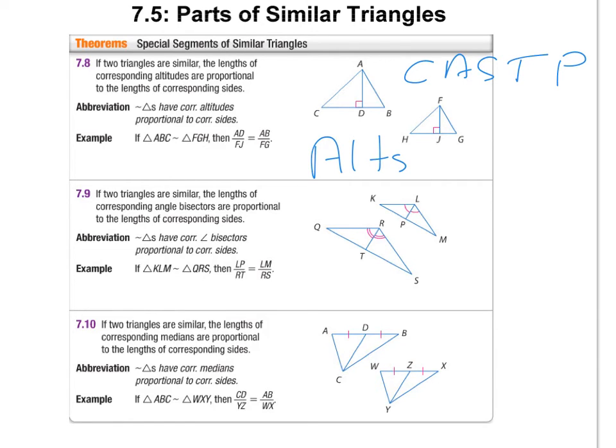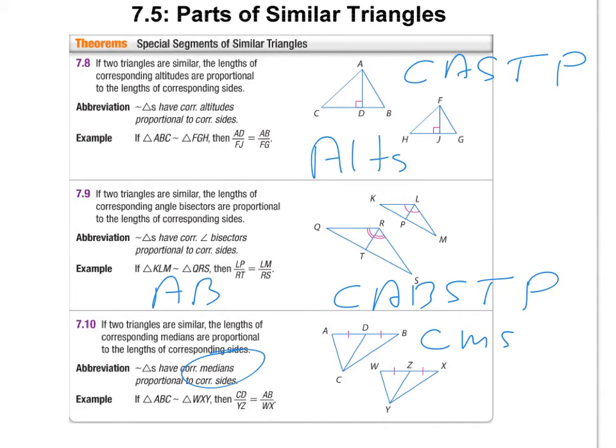The angle bisectors, corresponding angle bisectors of similar triangles are proportional. And lastly, the medians. Corresponding medians of similar triangles are proportional.